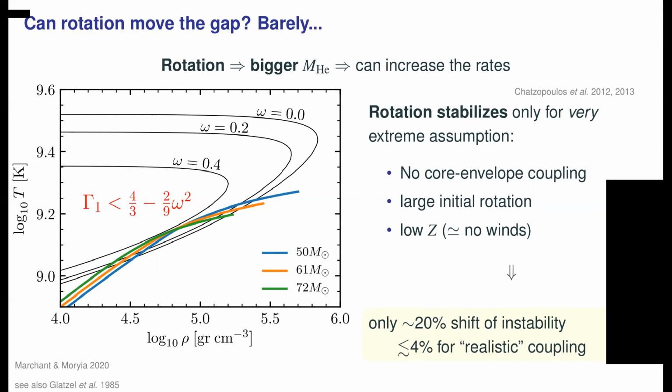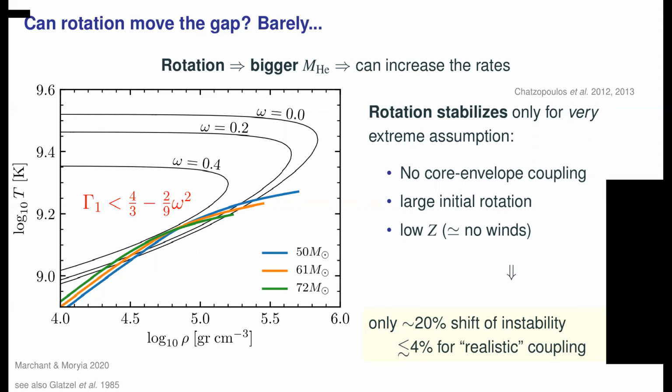Only if you use a more realistic coupling, by which I mean the Spruit-Taylor dynamo, you'll find a variation of only 4% in the location of the gap in black hole mass. And if you believe Jim Fuller's model for angular momentum coupling, the cores should be spinning even less at the end of the evolution when the pair instability kicks in. So I think chemically homogeneous evolution is not a way to avoid the pair instability gap.